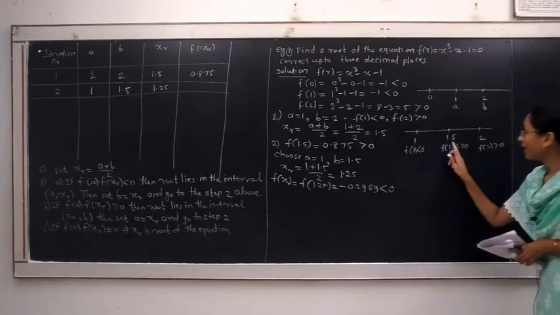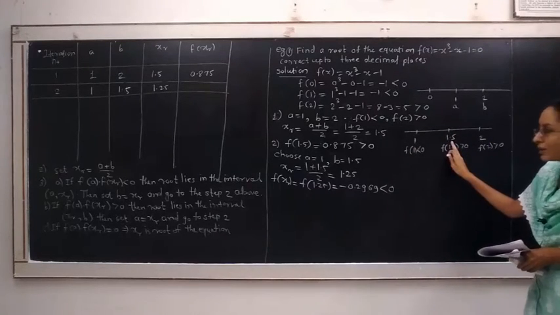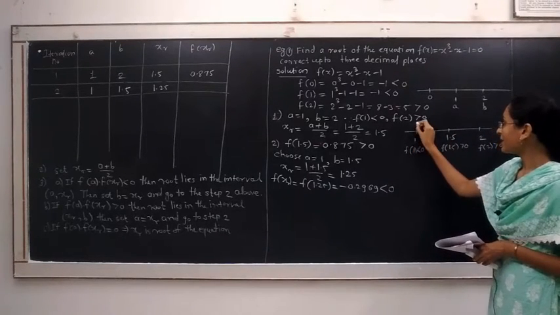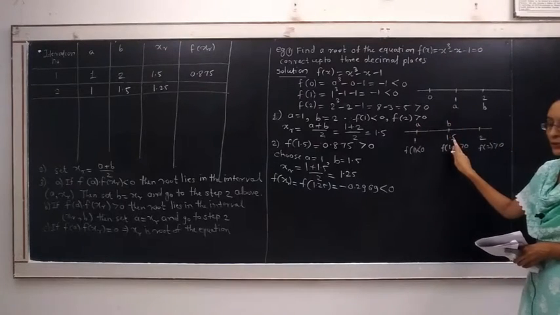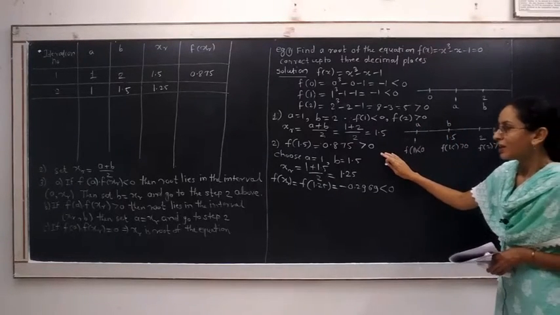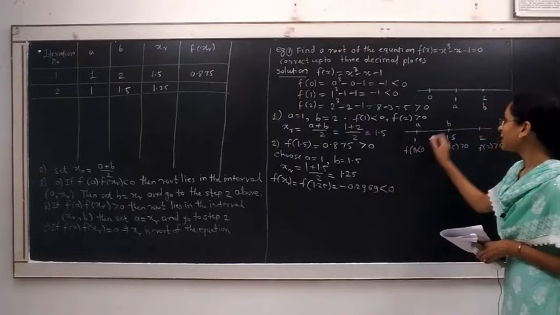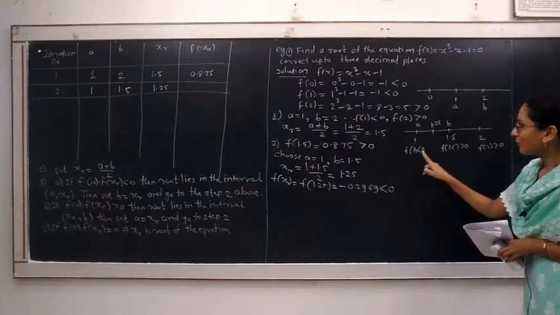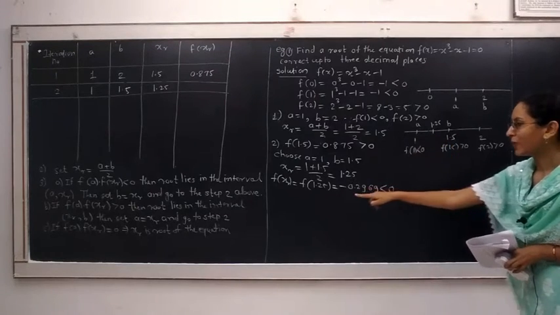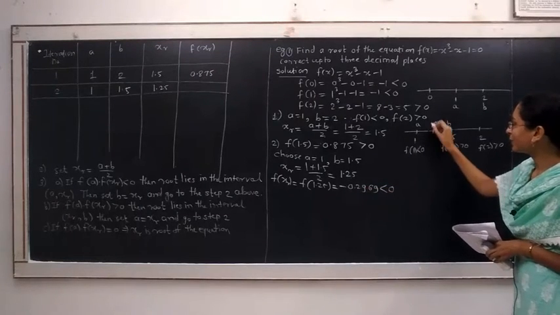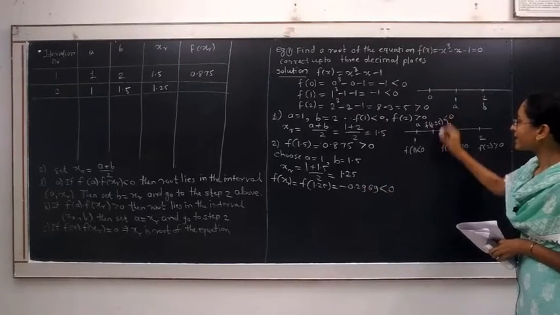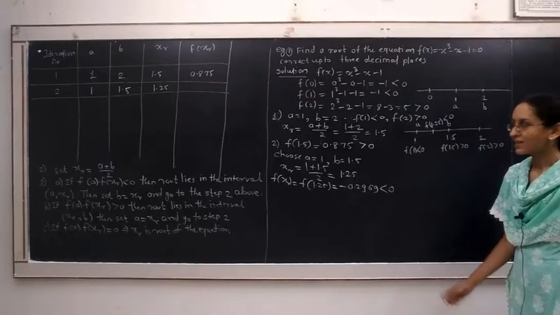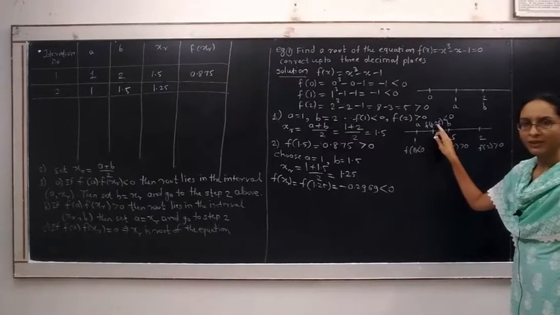We have chosen a is equal to 1 and b is equal to 1.5 in second iteration. The value of xr in the same iteration is 1.25. F of 1 is negative. F of 1.25 is also negative, less than 0. Therefore, root doesn't lie between 1 and 1.25.